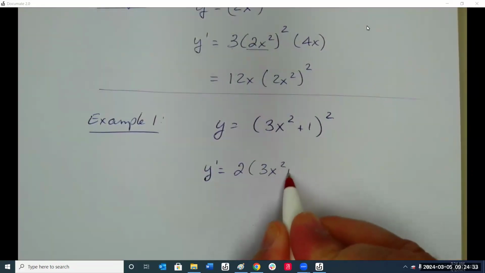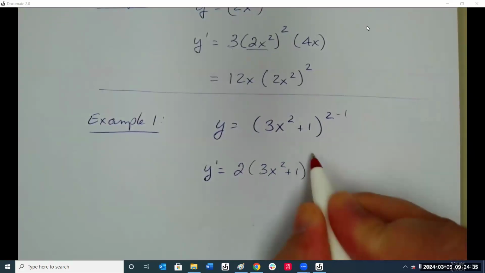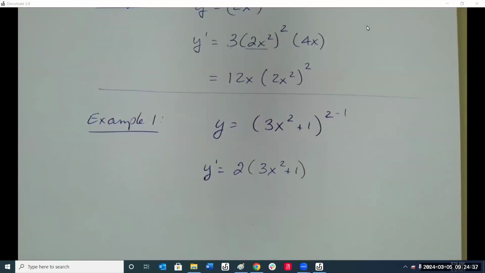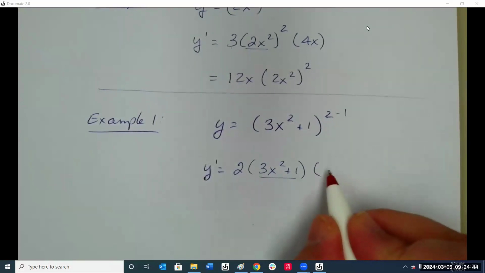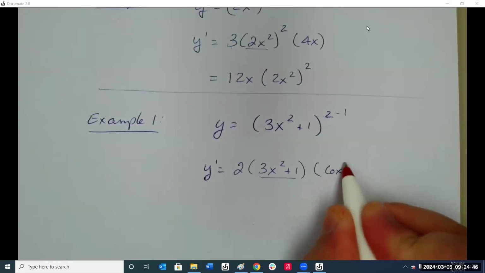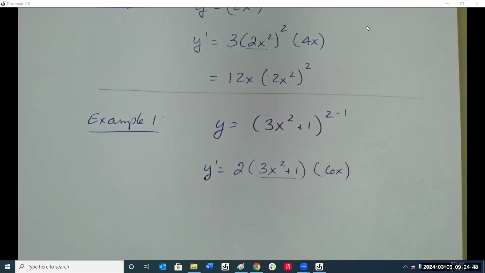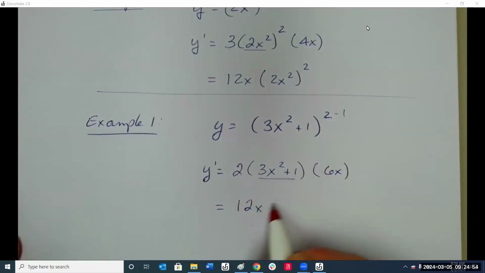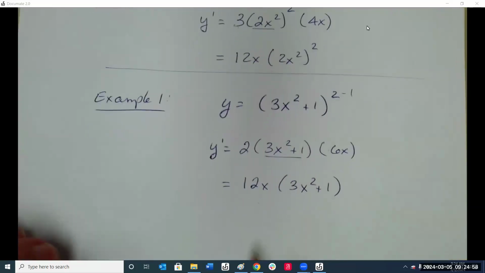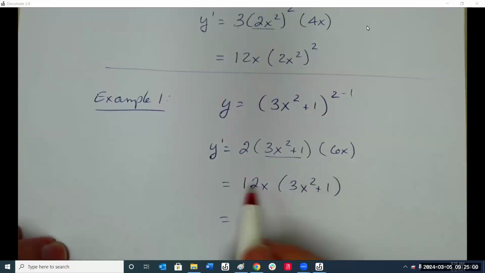Leave it alone. So 2 minus 1 is 1. Next part. The derivative of the inside, which is 6x. That 1 goes to 0. So the derivative becomes 2 times 6 is 12x times 3x squared plus 1. And if we wanted to, since there's no exponent there, we can even distribute.